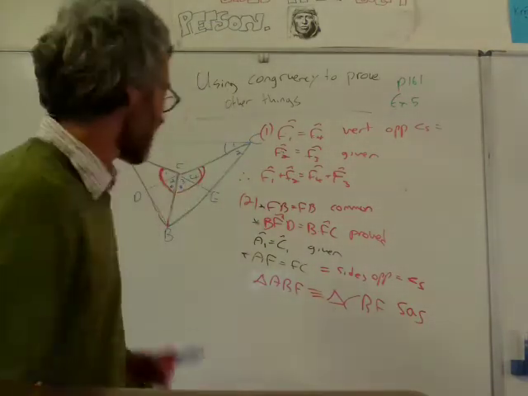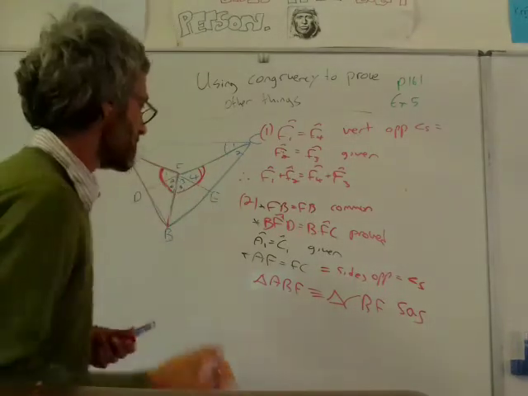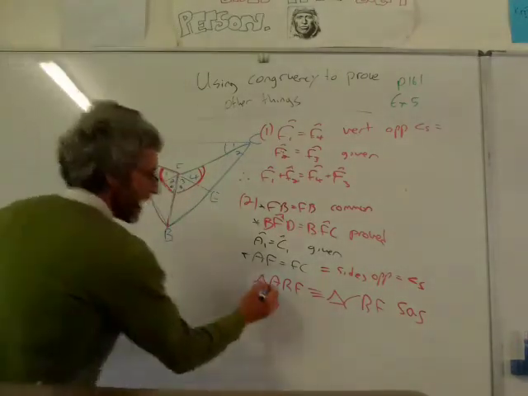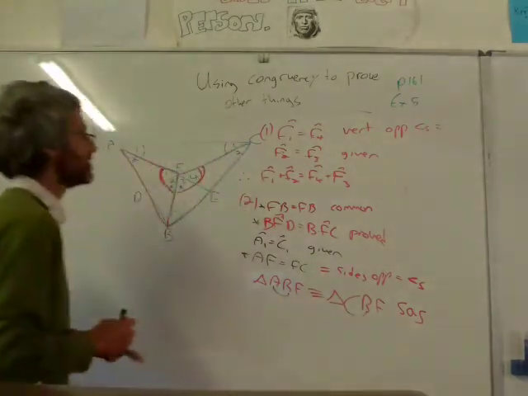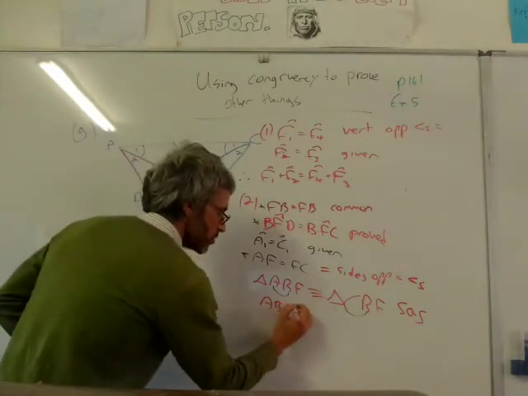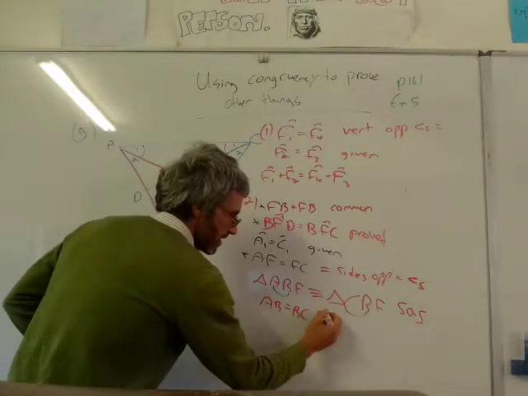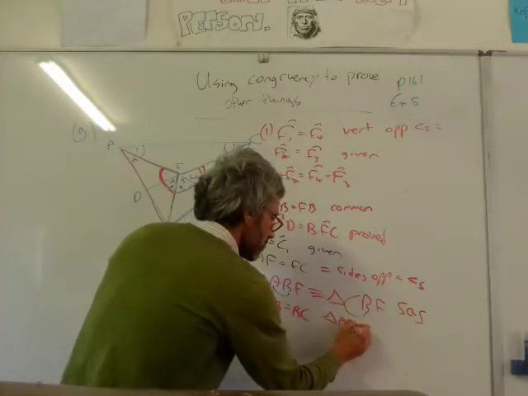Why did I do that? They didn't ask me to prove that these triangles are congruent, but now I can say the side AB is equal to side BC. So I can write AB equals BC, and the reason is, I just have to write again, these triangles are congruent.